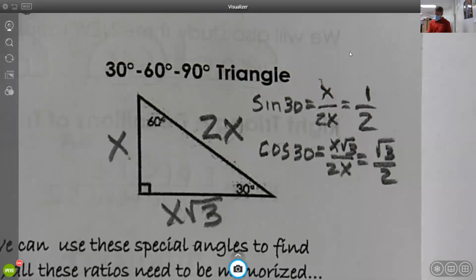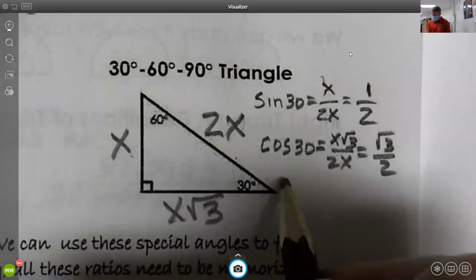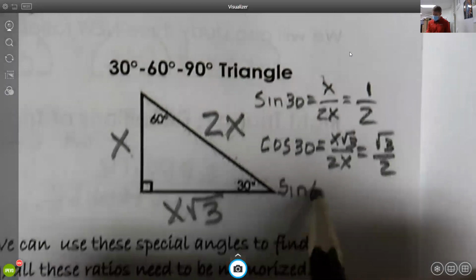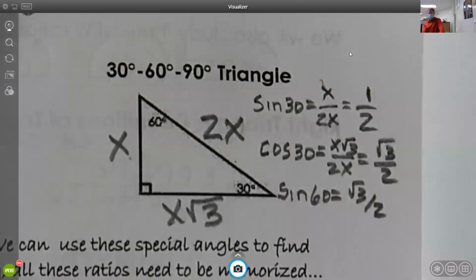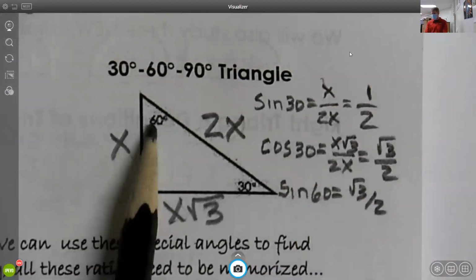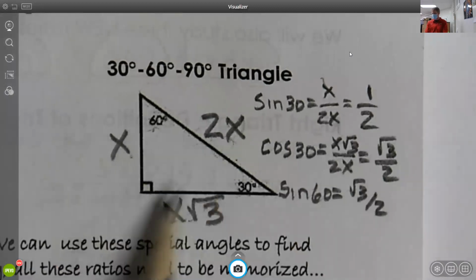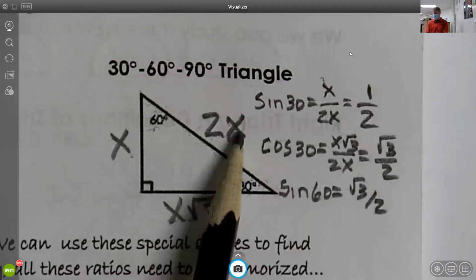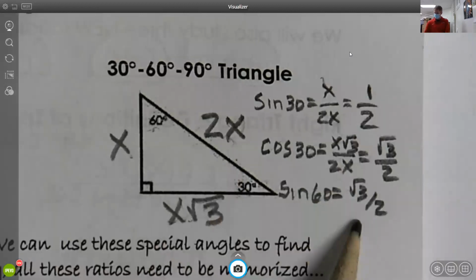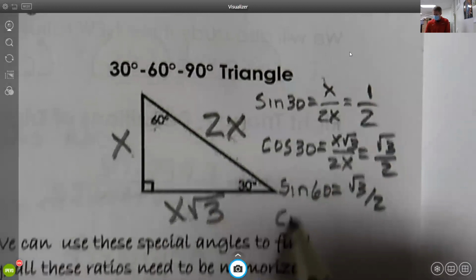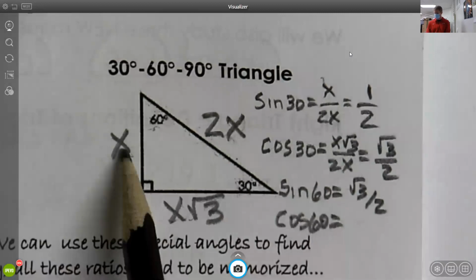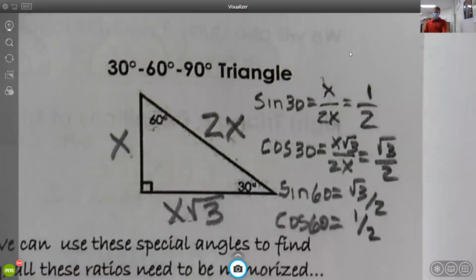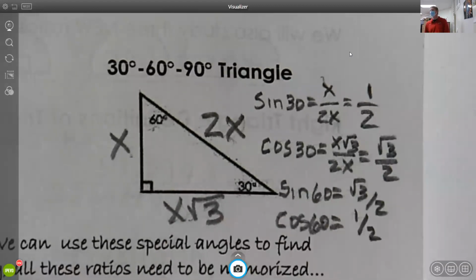Now, using the same pattern, sine of 60 is going to be root 3 over 2, because sine of 60 is opposite over hypotenuse, which is x root 3 over 2x. And the cosine of 60 is adjacent over hypotenuse, x over 2x, so 1/2. You can try that in your calculator. You can do cosine of 60 and you'll get 0.5.